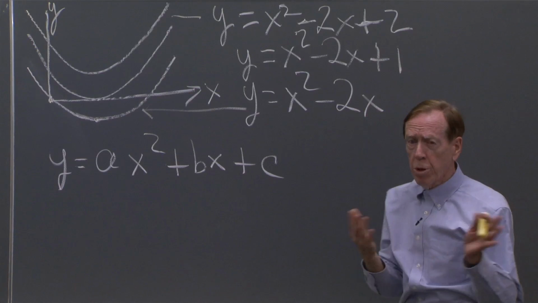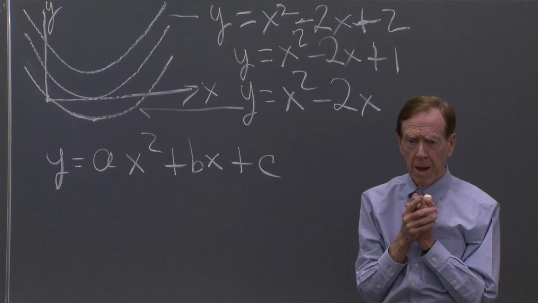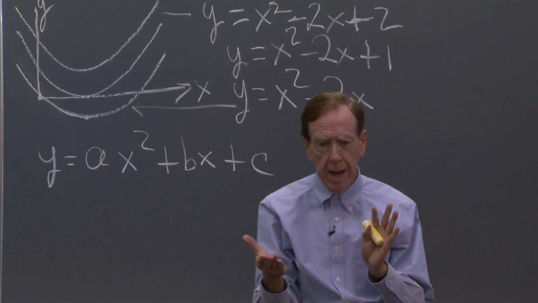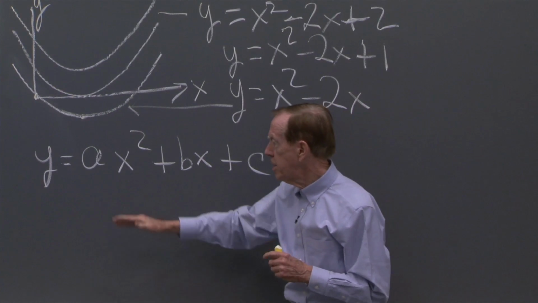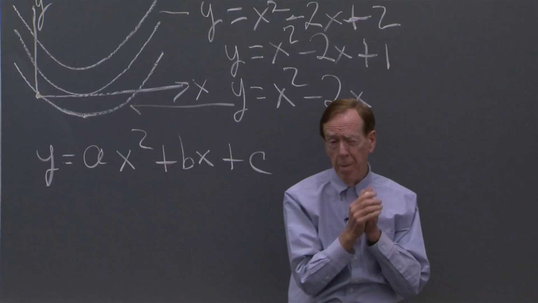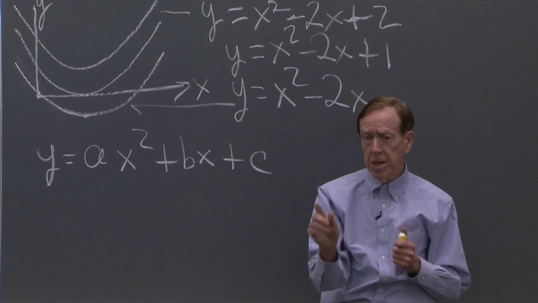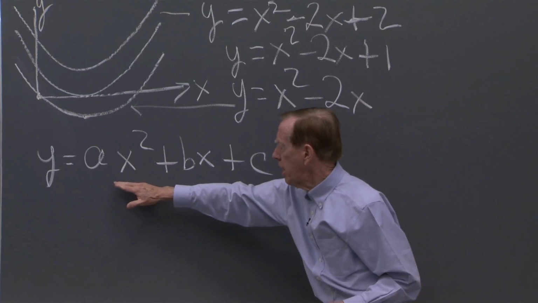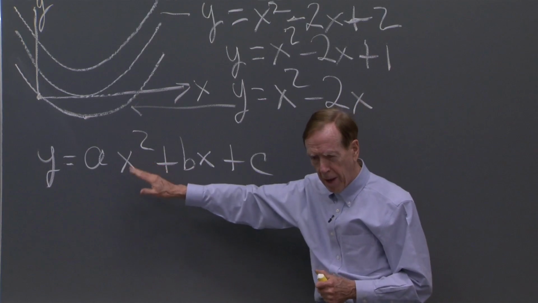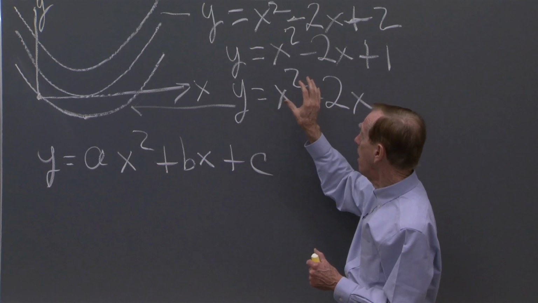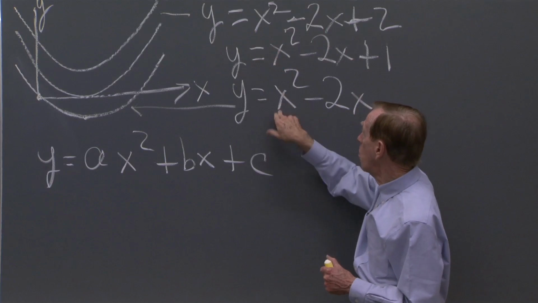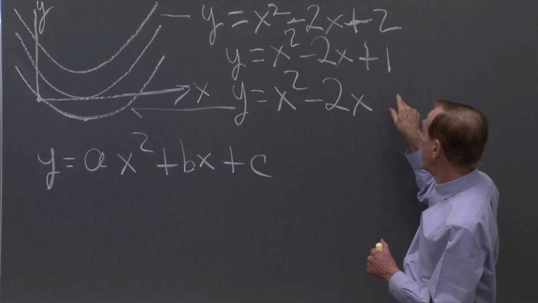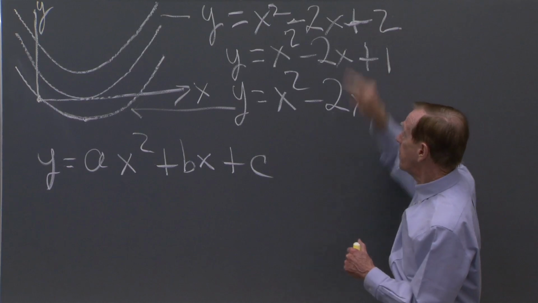Okay, so those are 3 particular quadratics. And what do I ask you about them? Let me start by asking, when is y 0? I'm looking for the x's that produce a 0 here. I won't work right away with this general a and b and c. I'll work with these numbers, where a was 1, b was minus 2, and c changed from 0 up to 1 and up to 2.